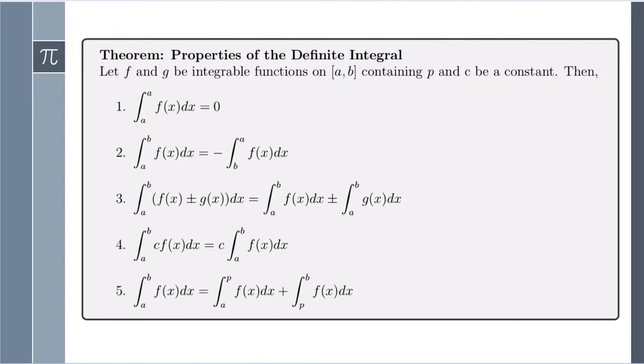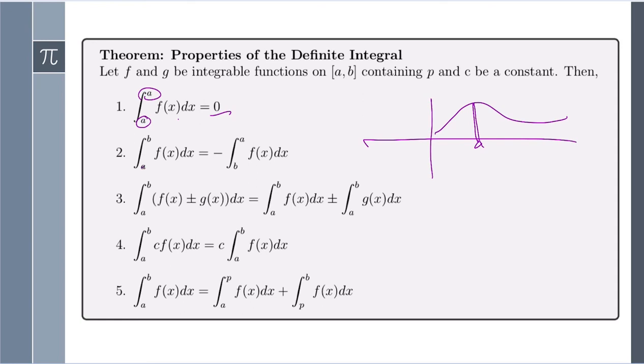Now, let's look at some properties of the definite integral. If we integrate any function from a to a, there is no region, no area, so the area is 0. That's why the definite integral from a to a of f of x dx is 0.